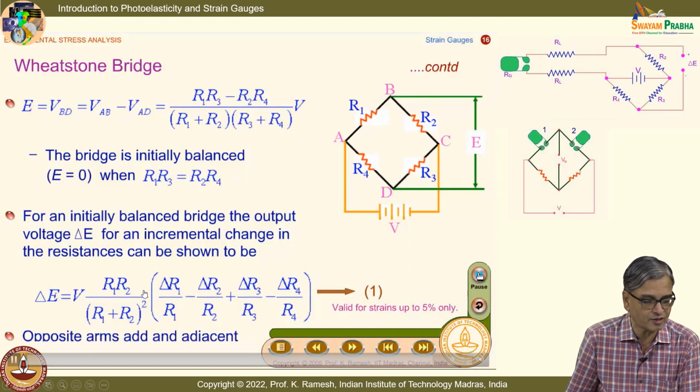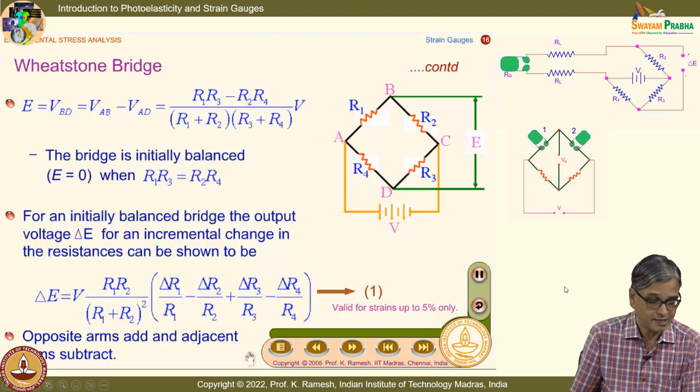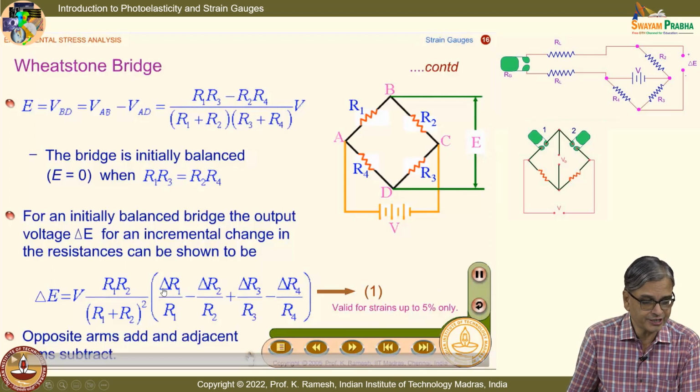This is more or less a constant for a configuration if I have selected the voltage. I have labeled this in clockwise direction R1, R2, R3, R4. Even this is very important. And when I look at this expression, I get delta R1 by R1 minus delta R2 by R2 plus delta R3 by R3 minus delta R4 by R4.